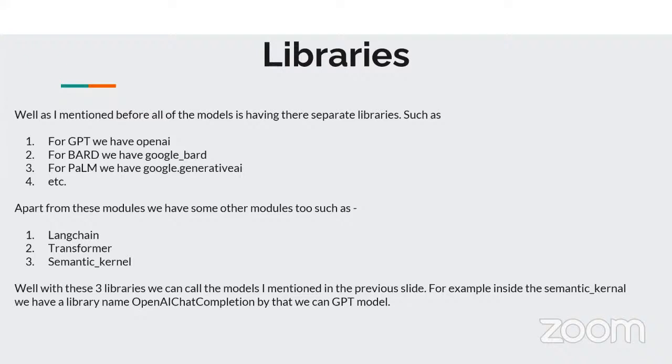Apart from these, we have some other modules too, like LangChain, Transformers, and Semantic Kernel. Semantic Kernel includes libraries like OpenAI Chat Completion for accessing the GPT models. These libraries provide tools to interact with and utilize various LLMs. So this is how it works.